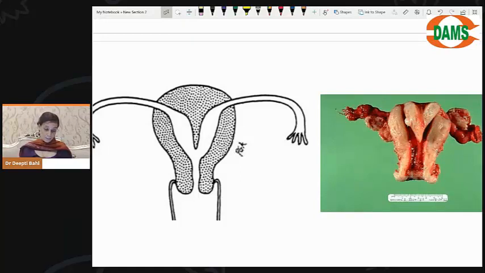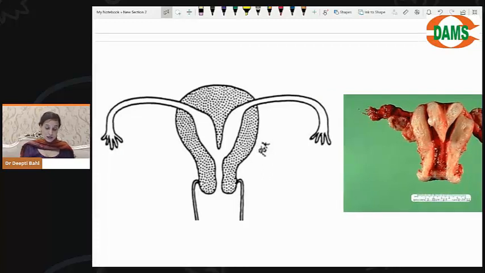Okay. Now, look at this picture here. If you look at the uterus, first of all, always and always, I want you to first focus on the external contour of the uterus. So the external contour of the uterus is like this.